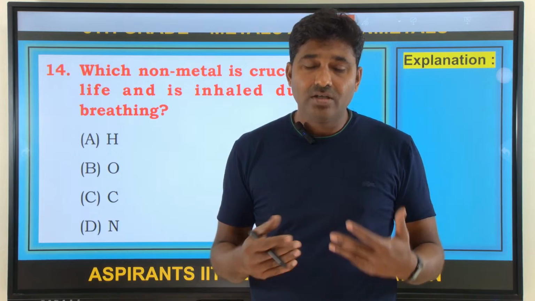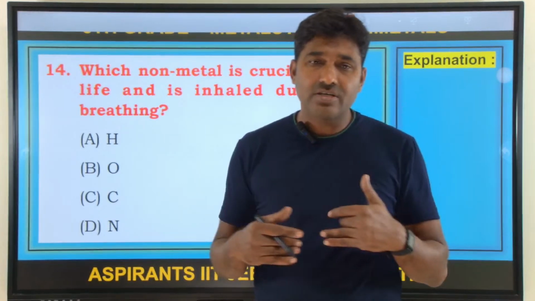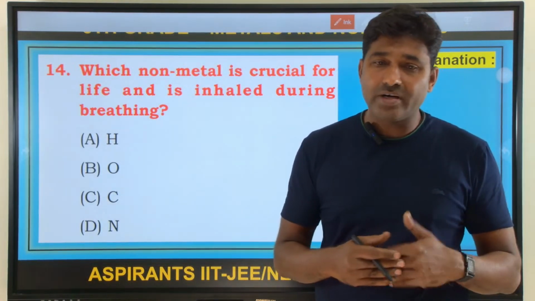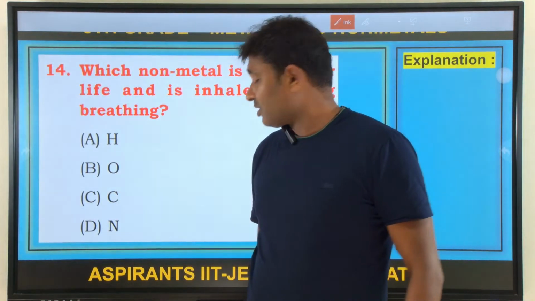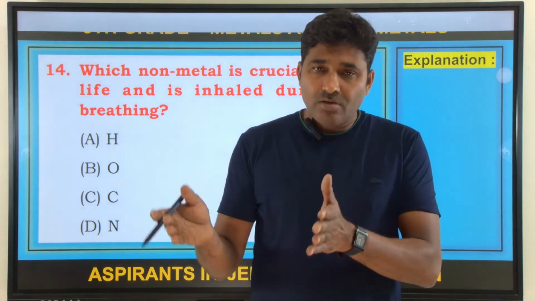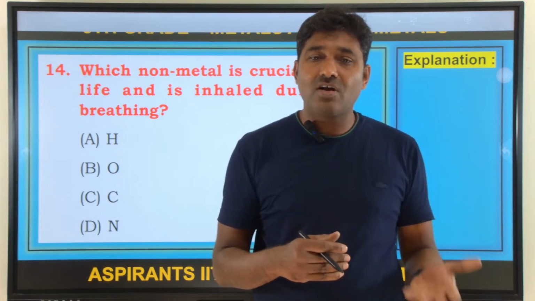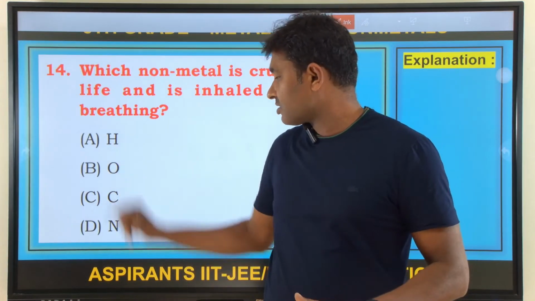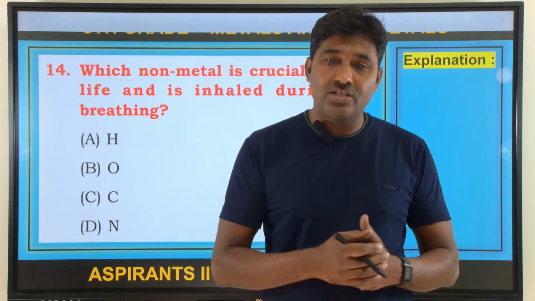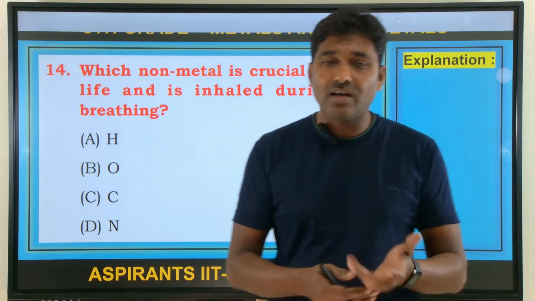All the energy released in our body depends on oxygen only. Why? Because in cellular respiration, whatever food items we eat undergo an oxidation process in the presence of oxygen in the cell, producing energy.